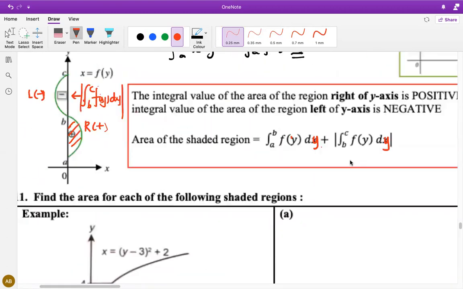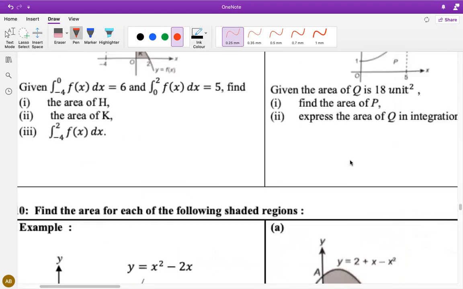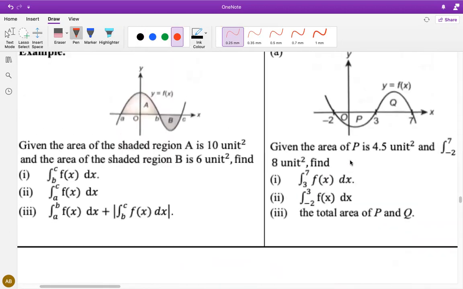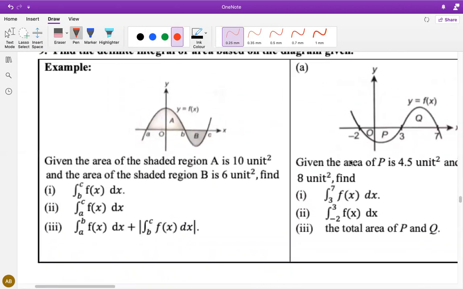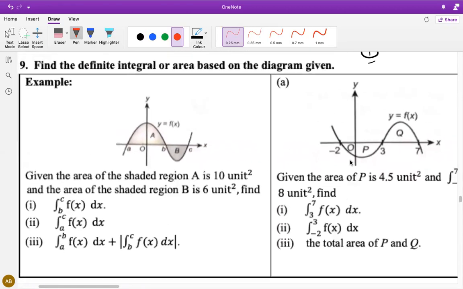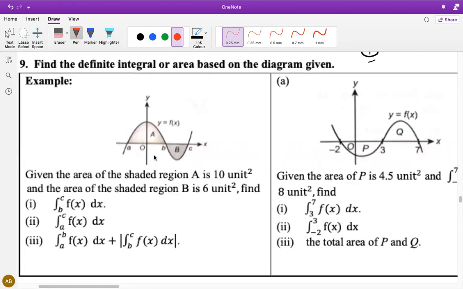All right, so let's see how to solve. The first one is of this type, question number 9. In this example, given the area of the shaded region A is 10 units and B is 6 units.